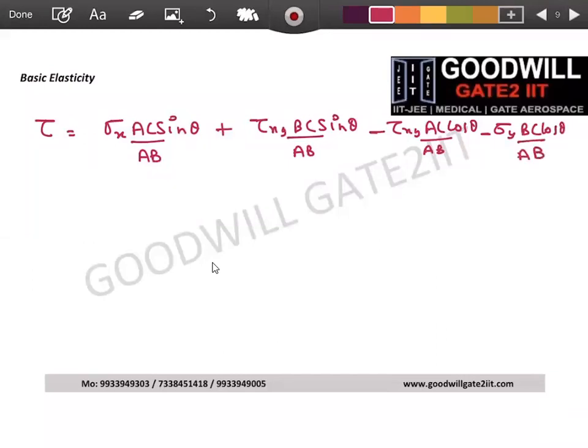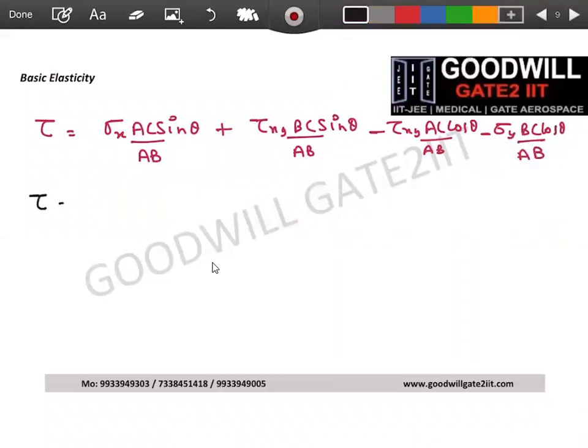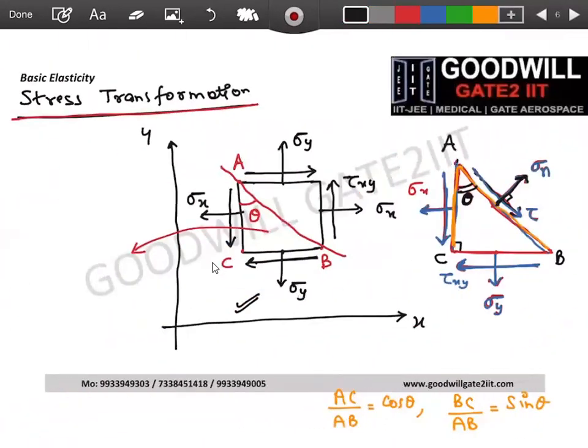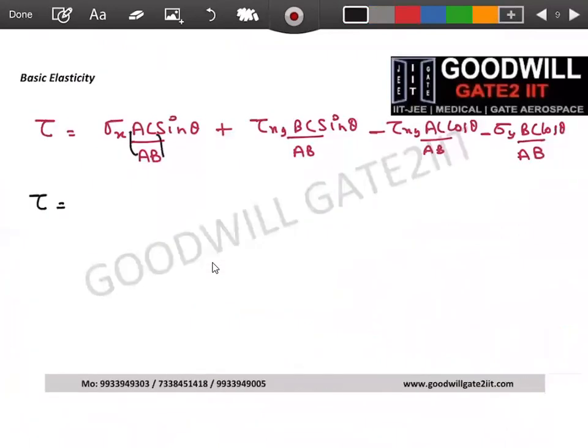Correct? Now, same step, guys. I hope it is not anything new because we are repeating the same thing in a different direction. You know what this is? AC by AB, right? I have already written it there. What is AC by AB? Cos theta, and BC by AB is sin theta. So this is sigma x, correct.